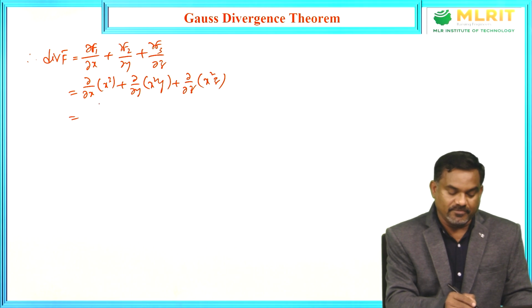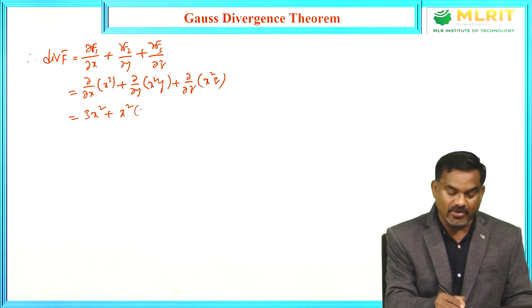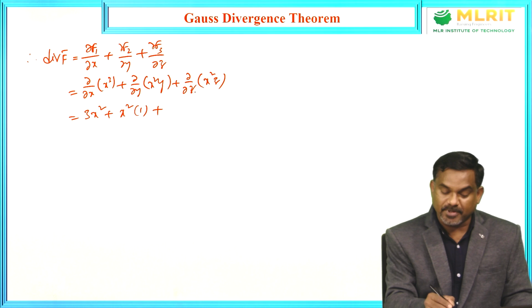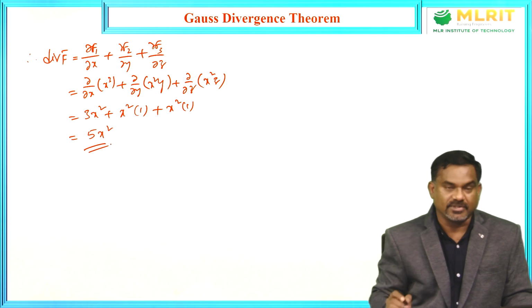Differentiating partially with respect to x, we get 3x square. With respect to y, x square is constant, and for y we get 1. With respect to z, x square is constant, and for z we get 1. So the total is 3x square plus x square plus x square, that is 5x square.